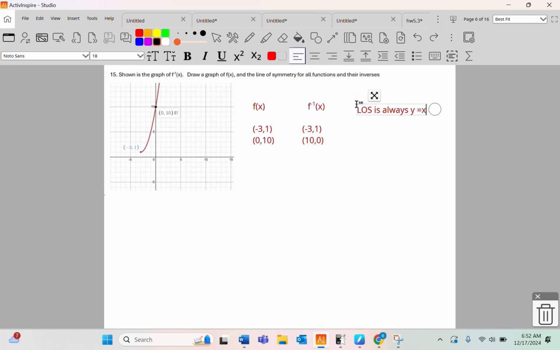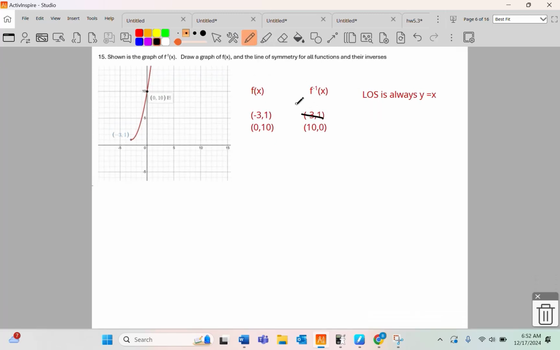So anyways, let's do some point plotting. I don't know why I wrote that the way I wrote that. Obviously, I'm out of it. It's supposed to be 1, negative 3, right? To the right 1, and then fall 3, and to the right 10, and go up nothing. And you need your line of symmetry, y equals x.